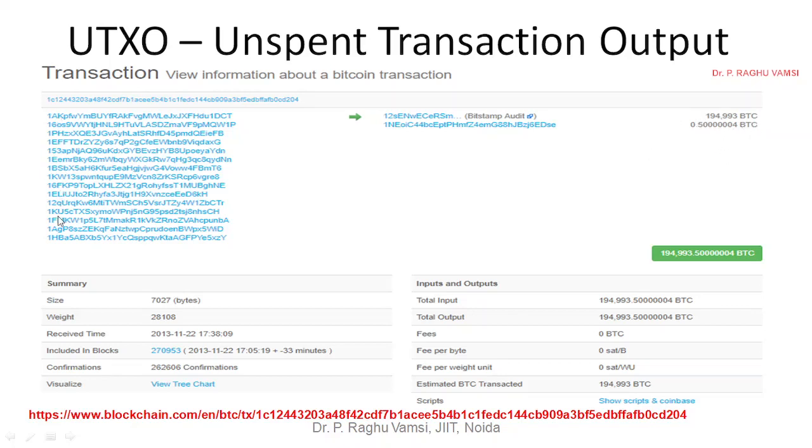These are the combined unspent transactions made into this one. And this is the final total output, 194,993.5004 BTC. Actually, this was added as a transaction fee, or maybe the miner fee. So to get this amount, obviously these many unspent transactions were added.